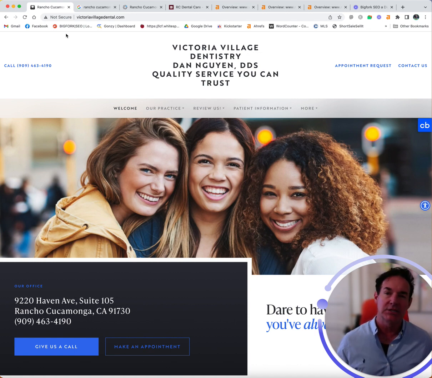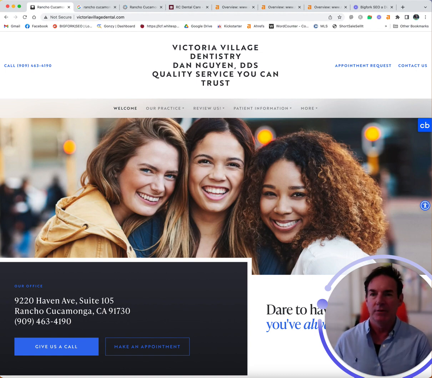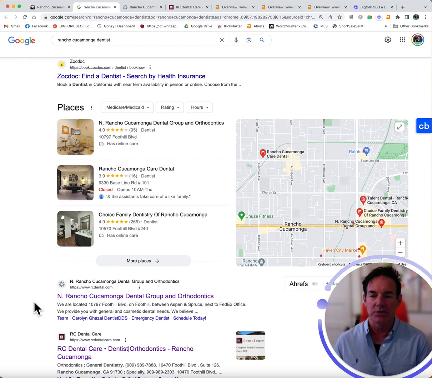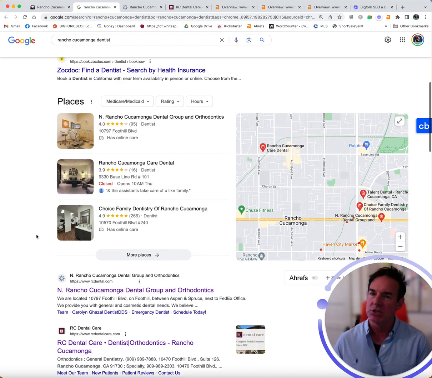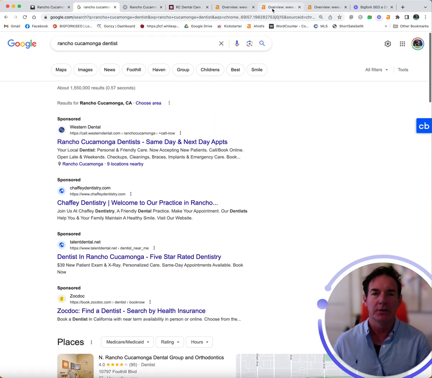Similar to real estate, just like owning a home in Alta Loma versus owning a home down in Rancho 91730, it's a big difference simply because of the location. This being the location, as in real estate. You're right up here, you're number 1 and number 2. Location is key and very important to your business.